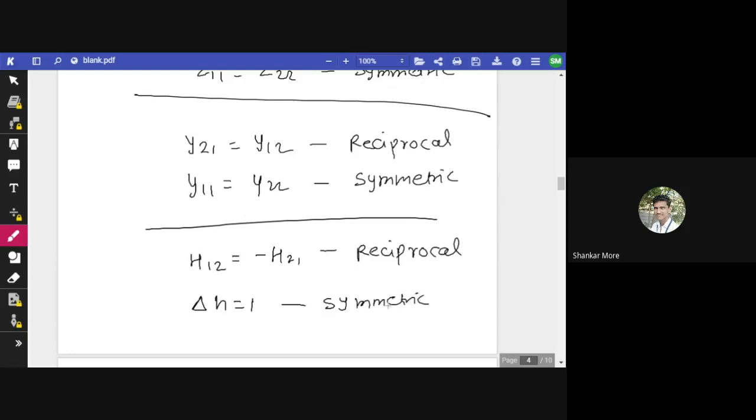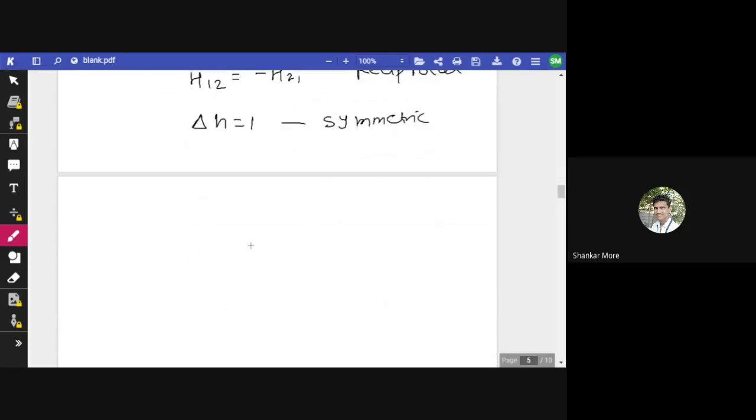Now what is del h? Delta or determinant of the h parameters. Delta h will be equal to the determinant of h11, h12, h21, h22. If its value equals 1, then that network is said to be a symmetric network.